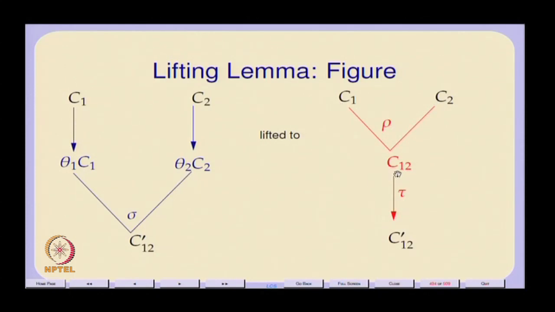It will give me some C12, and it is possible for me to get the C prime 12 through another substitution tau. So, having done these substitutions and then realizing that there are complementary pairs, so a resolution step is possible, is equivalent to finding a resolvent here, and then in order to get this I find an appropriate substitution tau.